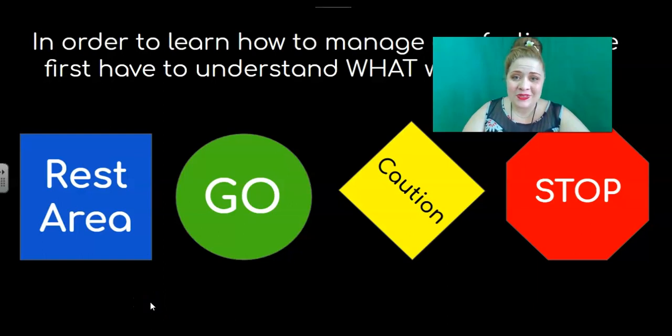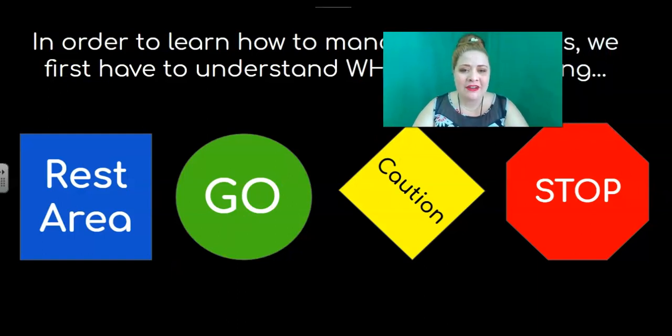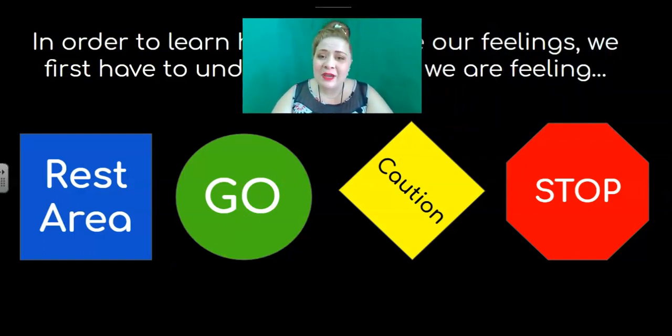When you were reading our story, I hope that you were thinking about what I asked you to think about. What zone were our characters in? Do you remember how our characters were feeling? They were feeling sick. Which zone do you belong to when you are feeling sick?